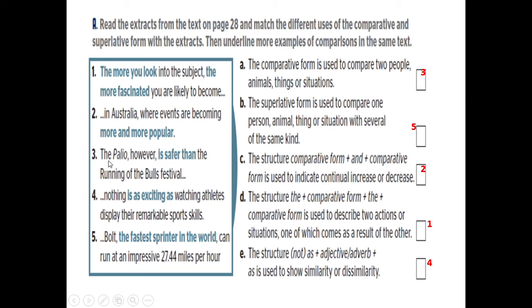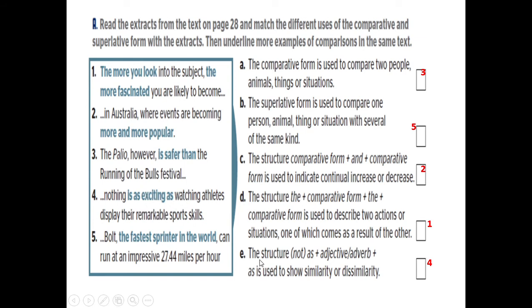Number 3, the paleo, however, is safer than the running. Safer than. Yes, exactly. It will be comparative form, used to compare two people, animals, things, or situations. Number 4, nothing is as exciting as watching athletes. As is used to show similarity and dissimilarity.